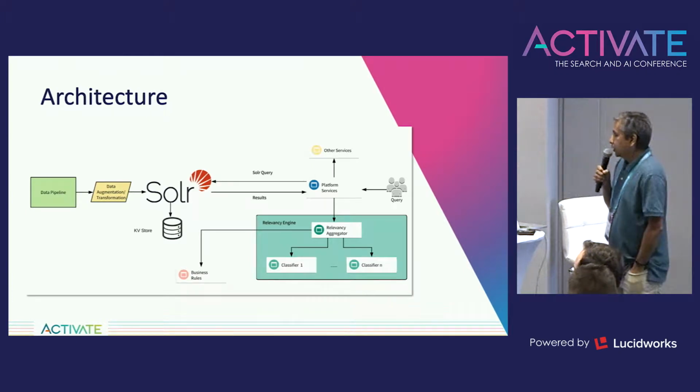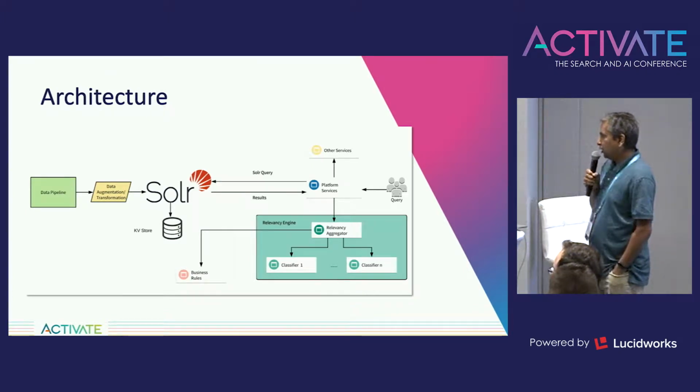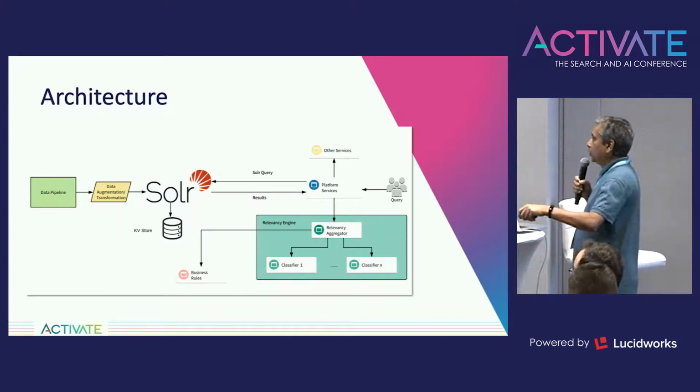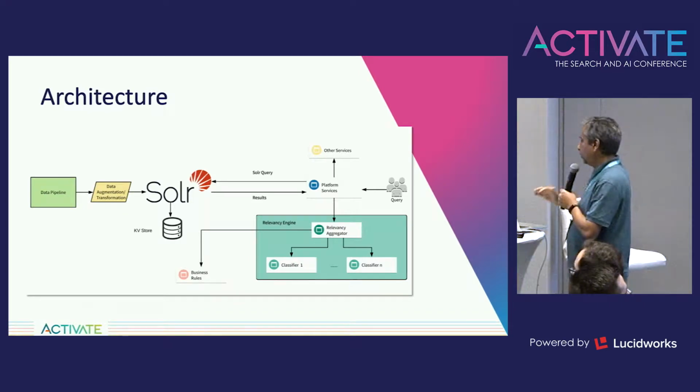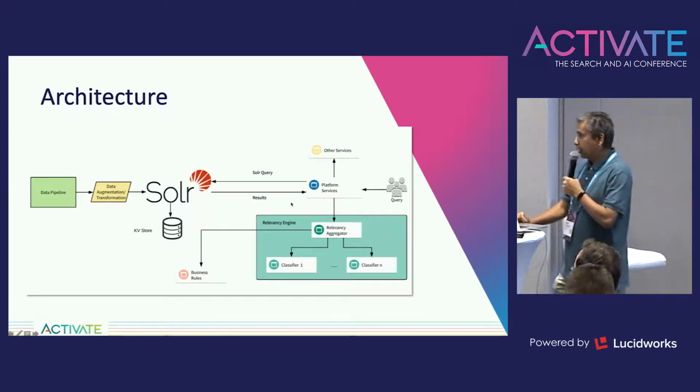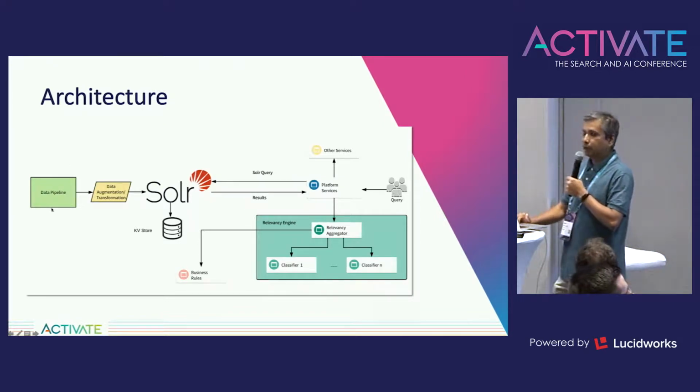So this is an architectural overview of it. It can be broken up into 3 major parts. One is the query processing part, I would say. Then there's the Solr part, and then there's the indexing part over here.